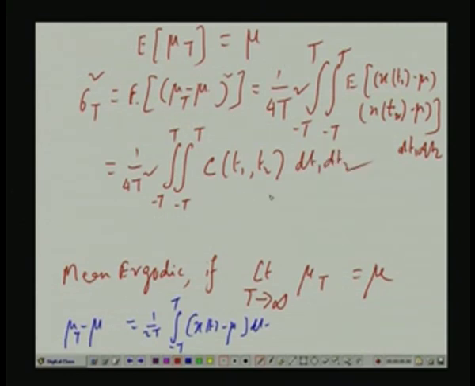Now, if this quantity tends to 0 as capital T tends to infinity, that means this error variance sigma t square is becoming 0 in the mean square sense, which means mu t is approaching mu in the mean square sense as t tends to infinity. If that happens, then I will say this process is ergodic in mean. That means the condition for ergodicity in mean is simply this.